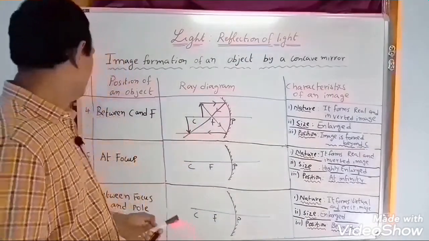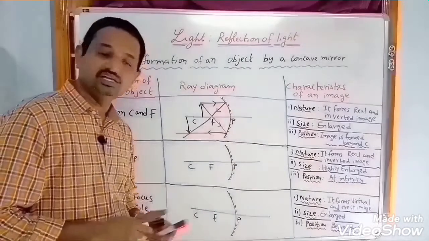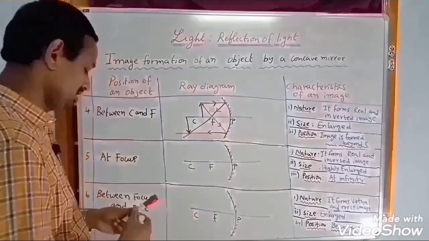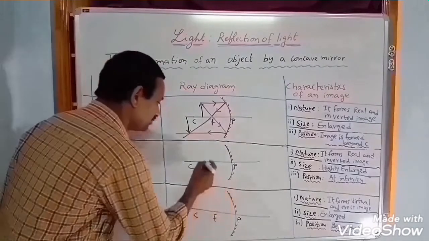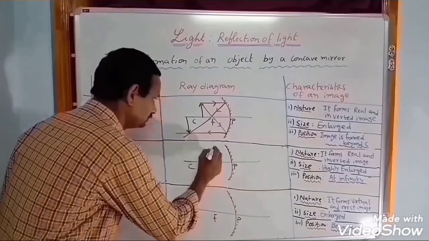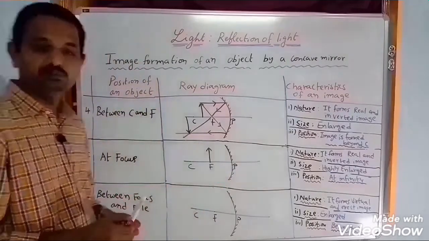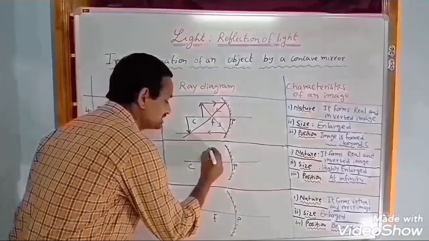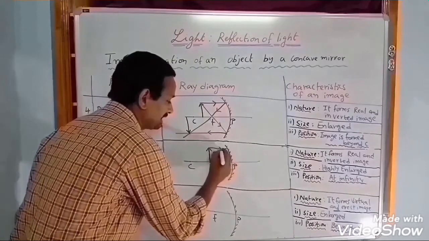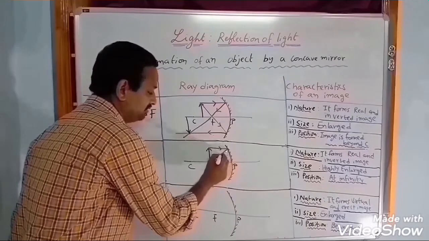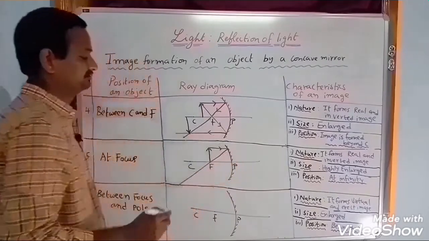Next, when the object is at focus, where is the image formed? Look here now. Now the object is placed at focus. Then where is the image formed? A light ray passing parallel to the principal axis of a concave mirror, after reflection, will pass through the principal focus.